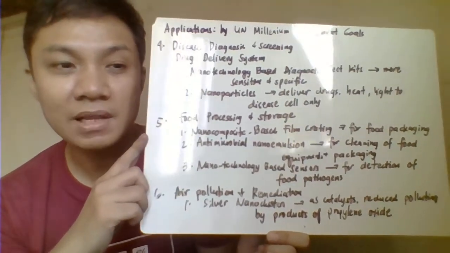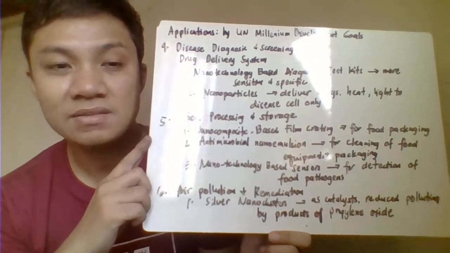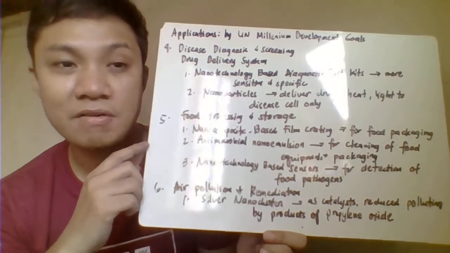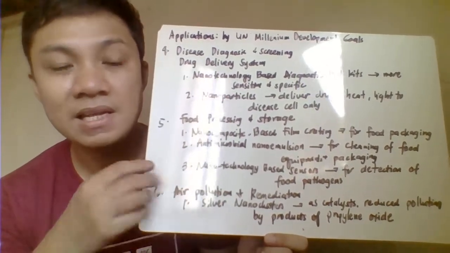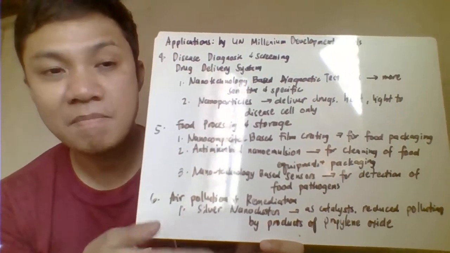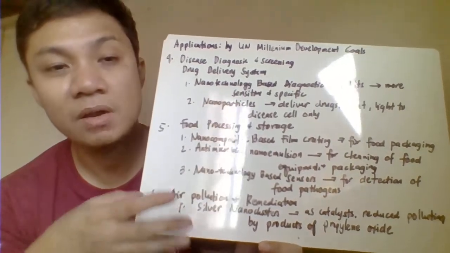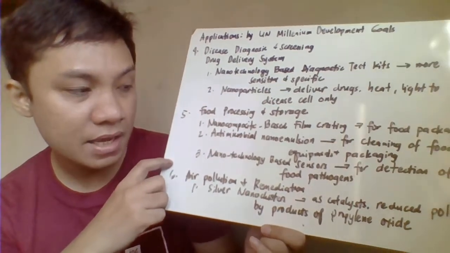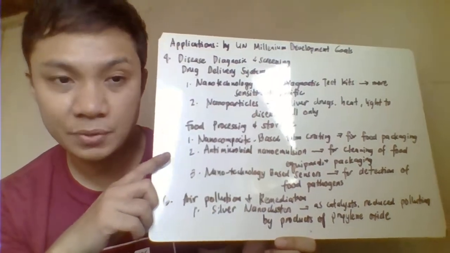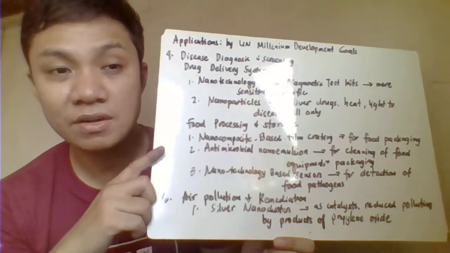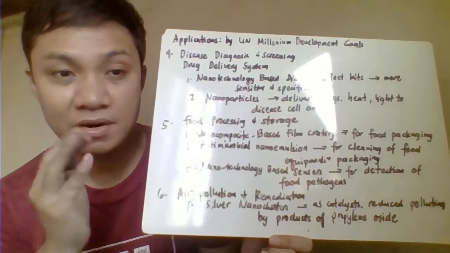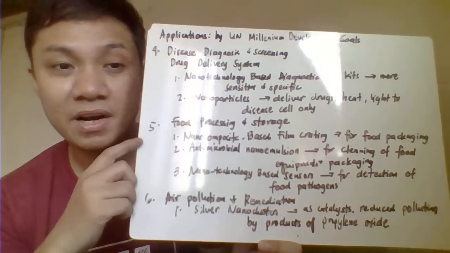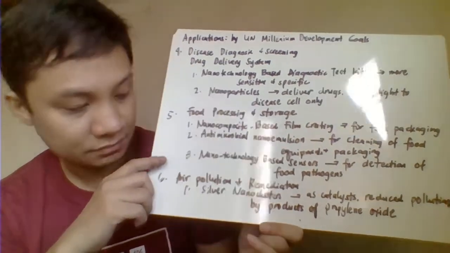From the word antimicrobial, this is used for killing bacteria, for example, in your equipment when you are packaging or processing your foods. Another one, we have nanotechnology-based sensors. Being sensors, they could help identify the presence of pathogens, able to sense the presence of infectious agents in your food.